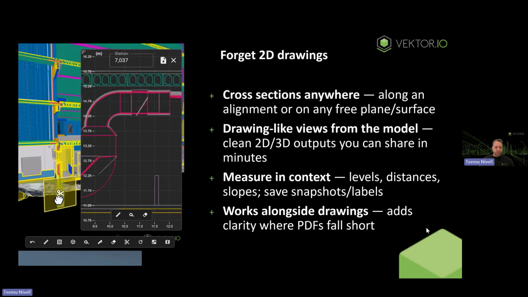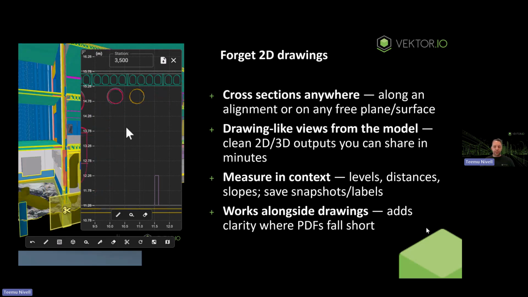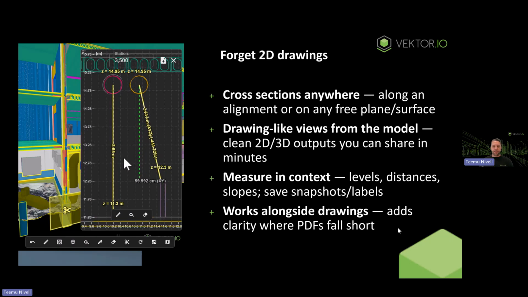You can cut sections anywhere and show them in 2D and 3D simultaneously and measure in that context. Then you can share the exact view in seconds. And even where drawings remain, this sits alongside them and removes them step by step. As I said, we don't expect drawings to disappear overnight.